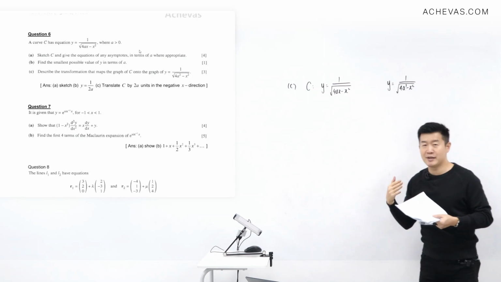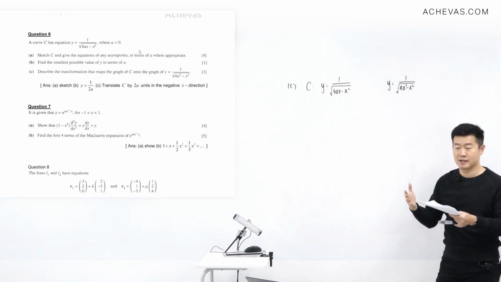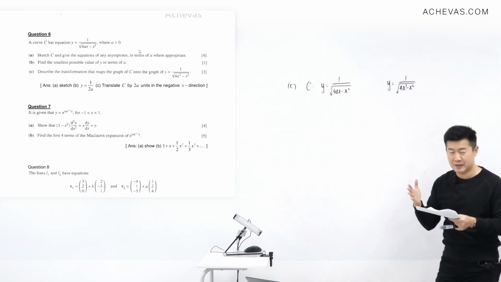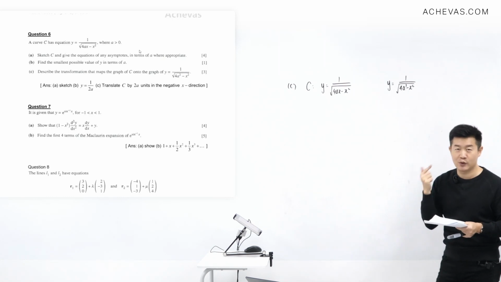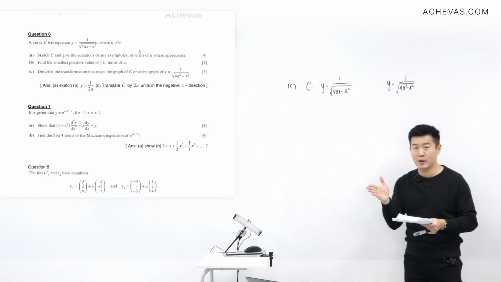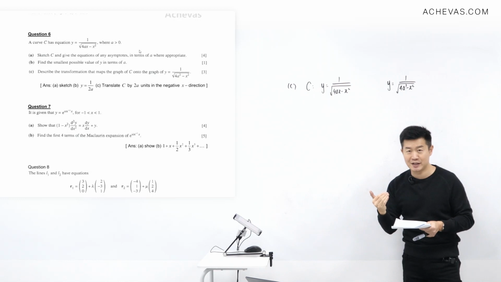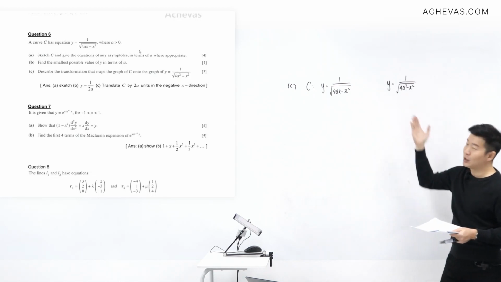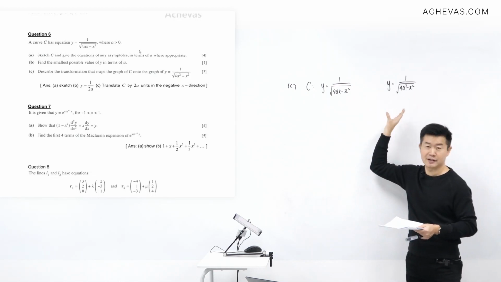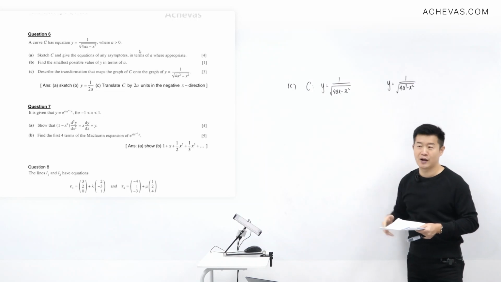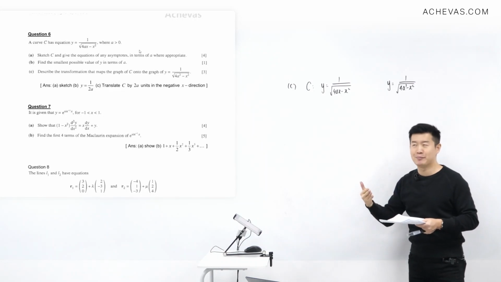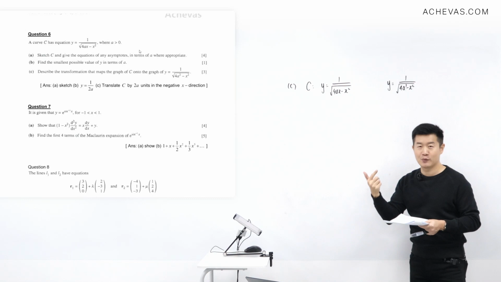Which means that we are going to be making use of what we have learned in graphical transformation, specifically translation, scaling, reflection. So we don't want to deviate away from what is within our syllabus, but obviously from the expressions given to us so far, we can't really use translation, scaling, reflection according to what we have learned yet.